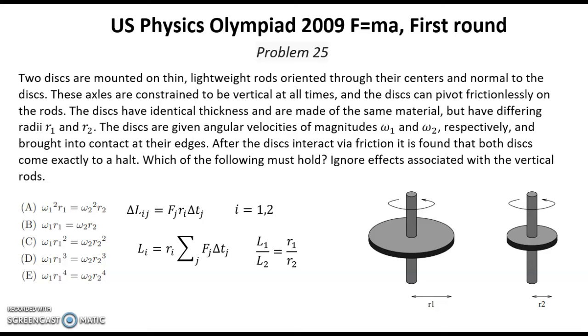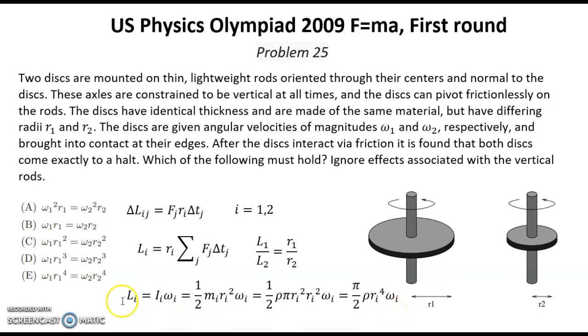What are the initial angular momenta for both disks? Angular momentum equals I multiplied by omega, and I equals 1/2 m r squared, and because mass is proportional to radius squared, we have this formula, and finally this is the expression for angular momentum.